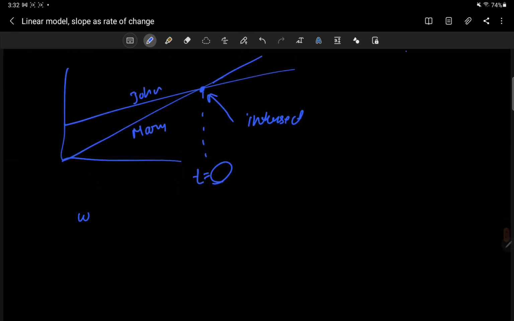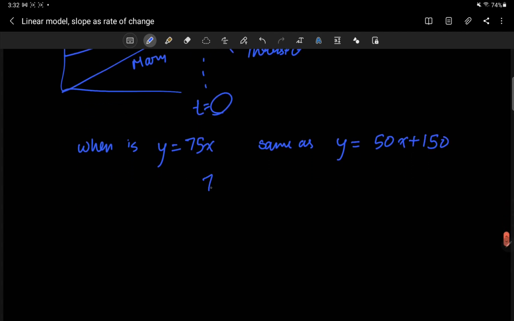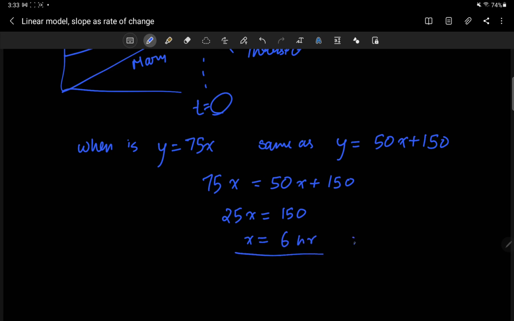So what we're saying is, when is y equals 75x the same as y equals 50x plus 150? That happens if 75x equals 50x plus 150, or 25x is 150, or x is 6 hours, which means at exactly 6 p.m. Mary will overtake John.